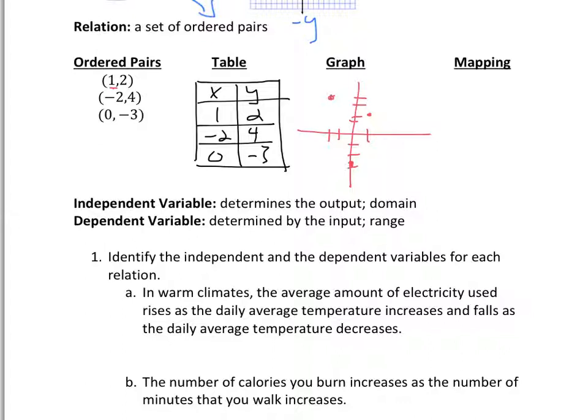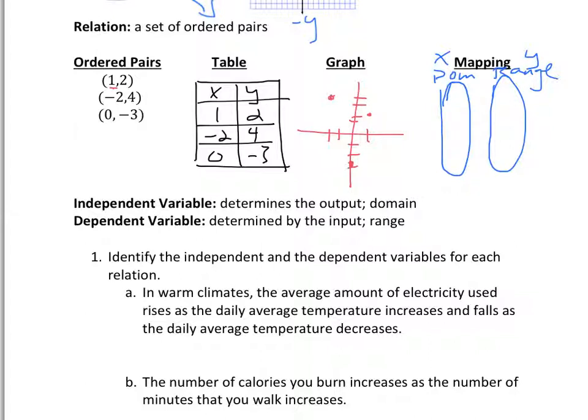And lastly, there's this thing called mapping. Mapping is taking the domain and the range, or the x's and the y's, and basically drawing arrows between them. So I've got the domain and the range. Domain is the x's. Domain is the same as x, and range is the same as y.